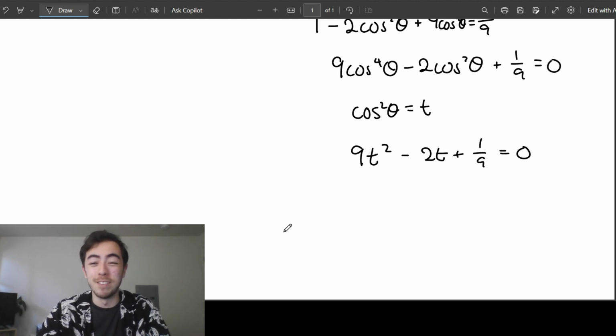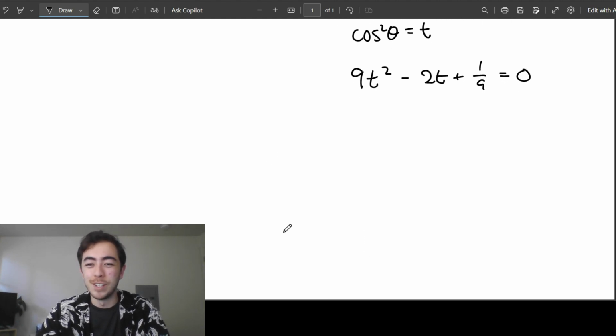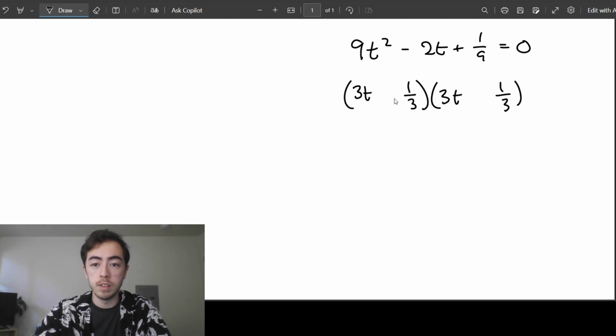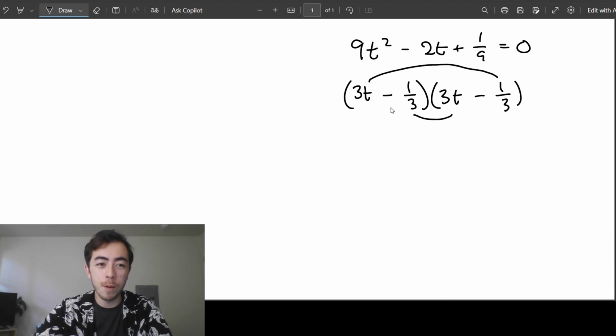And I'm really hoping I can factor this and just solve it like a normal quadratic. So we could try splitting up this 9t squared as 3t and 3t. We could split up this 1/9 as 1/3 and 1/3. Given that our middle term is negative, and the last term is positive, both of these signs should be negative if we can factor it like this. And if we expand it all out, this gets us 1 minus t, and this gives us the other minus t.